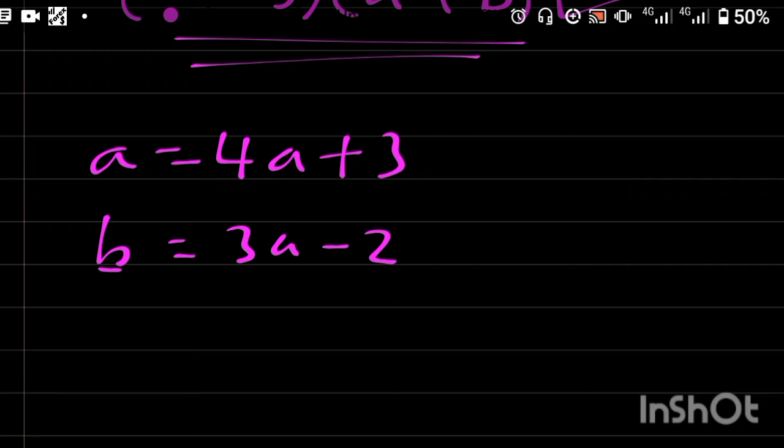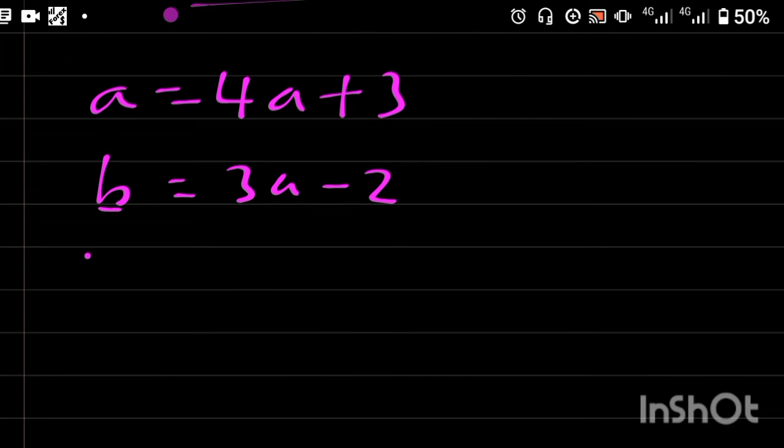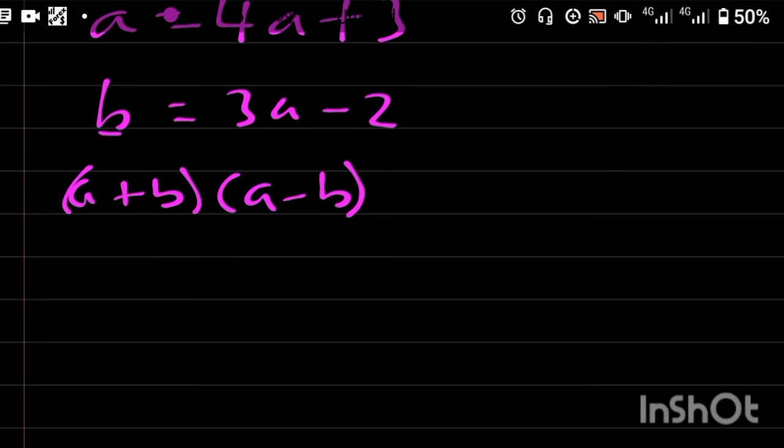It's not that if I want to solve this without even substituting a for anything, I will know what to do. The formula is (a + b)(a − b). So my a is 4a + 3, then plus b, which is 3a − 2.